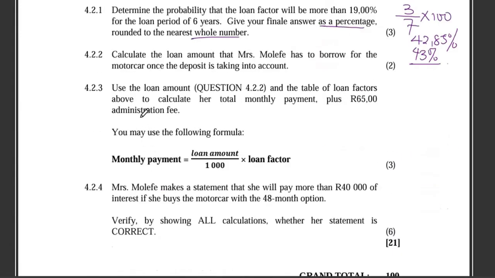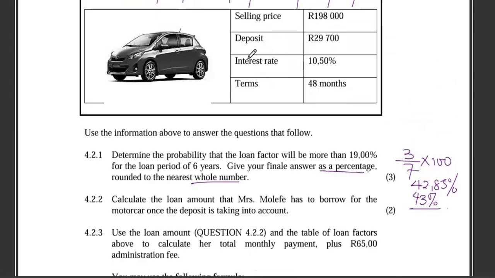All right. They're asking us to calculate the loan amount that Mrs. Molefi has to borrow for the motor car once the deposit is taken into account. Taking the deposit into account, how much is it supposed to be? It's supposed to be the cash money minus the deposit.